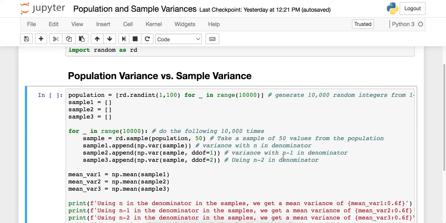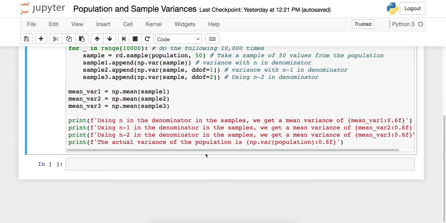With n minus 1, it's going to be closer to the actual population variance. And with n minus 2, it's actually going to go above what the actual population is. As far as n minus 1, the mean of this list could be below, it could be above, but it will be the closest of the three.